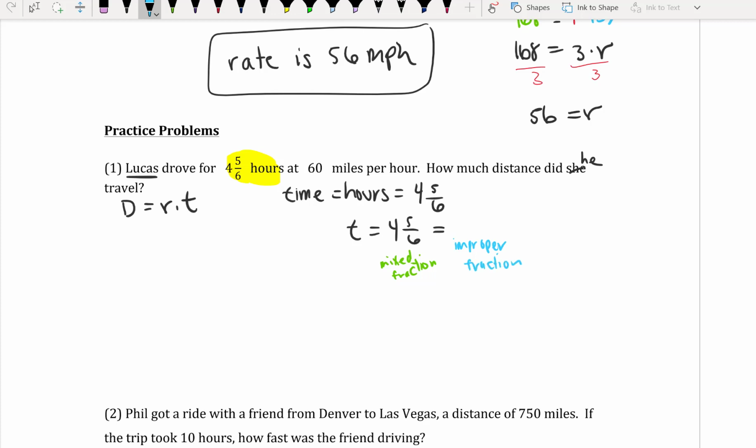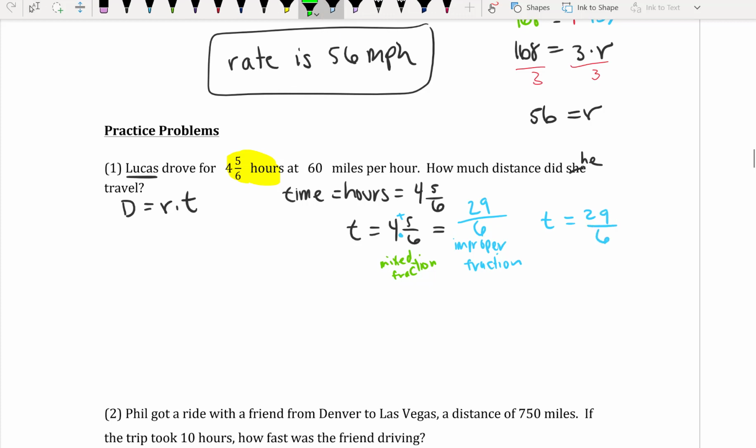And that usually helps us with our multiplication. So I still know I'm going to have my denominator of 6. So I'm going to have 4 times 6, and I'm going to add that numerator, so plus 5. So 4 times 6 plus 5 gives me a 29. So I know that my time is equal to 29 over 6.